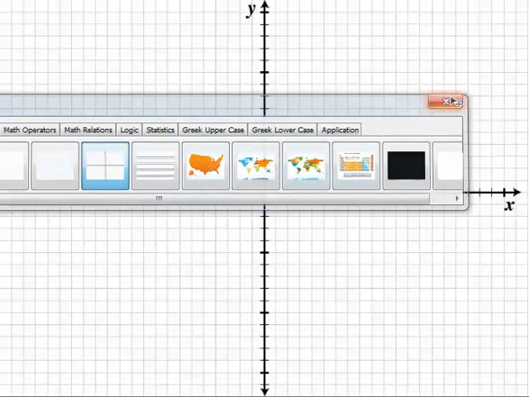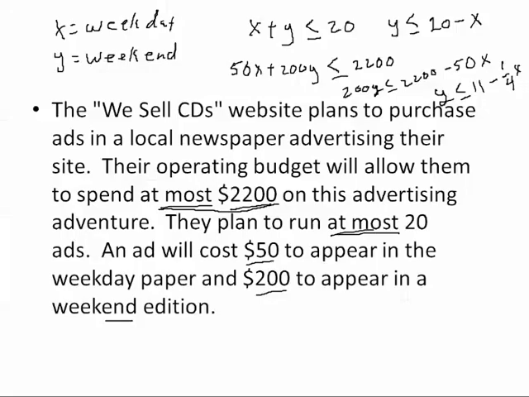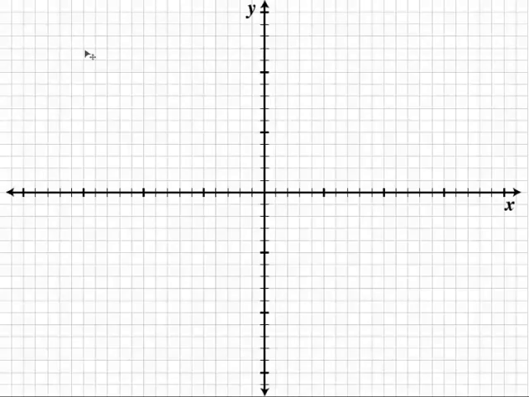Okay, and my equations were y less than or equal to 20 minus x. So that means I'm going to go to positive 20 up here. 5, 10, 15, 20 is off the top of my page, and it's got a -1 slope.